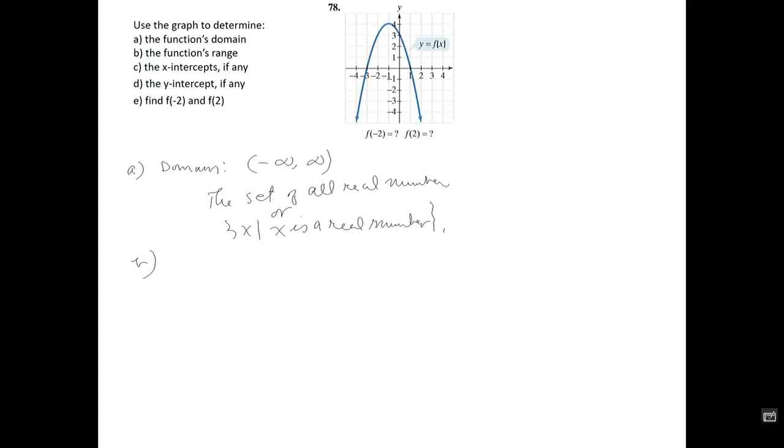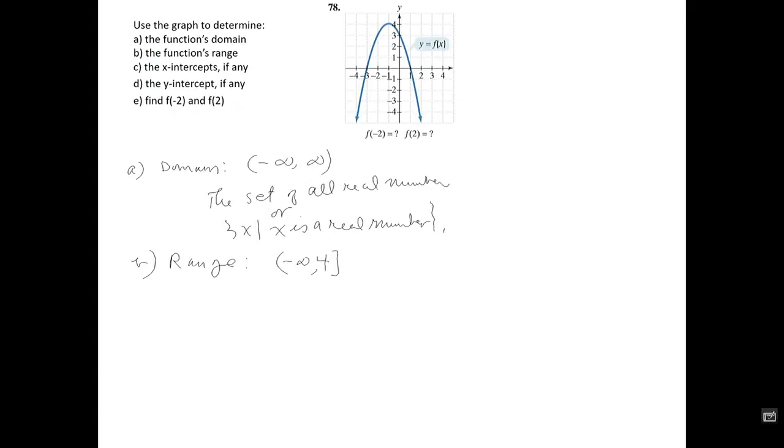So the range is going to be the set of all y values such that y is less than or equal to 4.